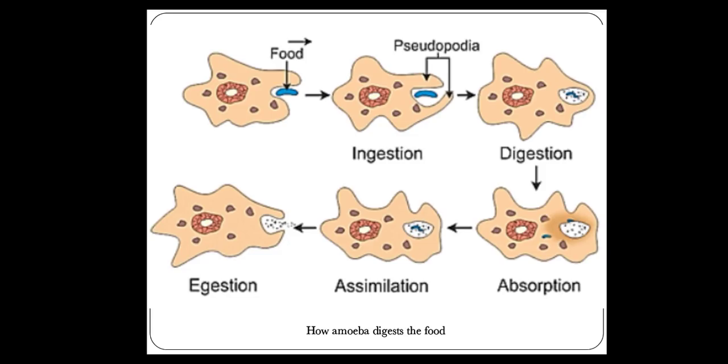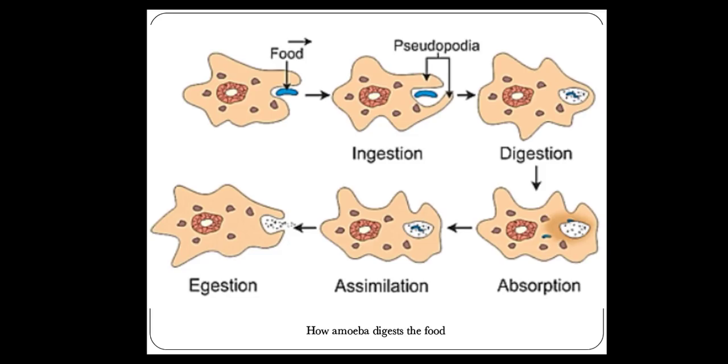And whatever the remaining unwanted food is there, it is removed from its body. Amoeba simply moves forward, leaving behind the undigested food. So ingestion happens here, digestion happens here, absorption happens here, assimilation happens here, and egestion. So it also has holozoic nutrition.